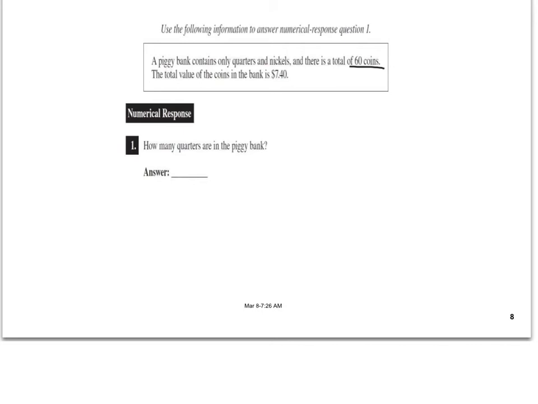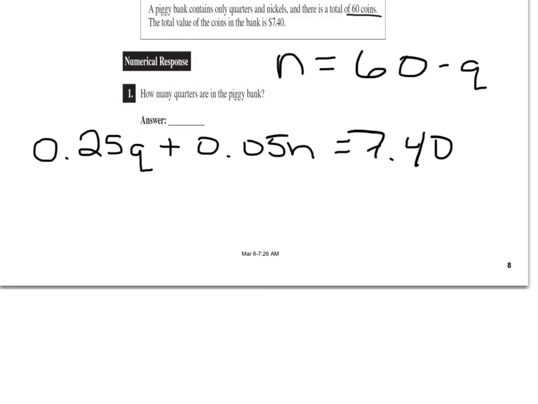So hopefully you're still with me. I'm going to clean this up a little bit, and then we'll keep going. Okay, kind of reorganized and cleaned up, so we'll continue on here. This n right here, we're going to substitute the 60 minus q.